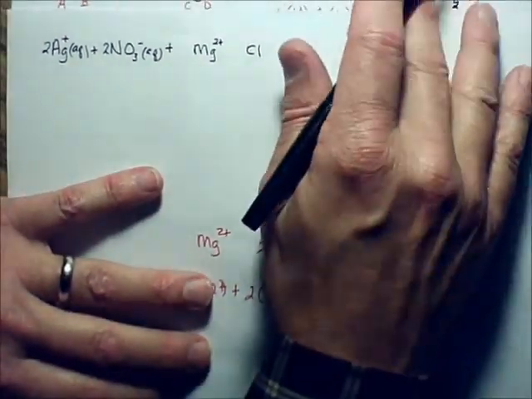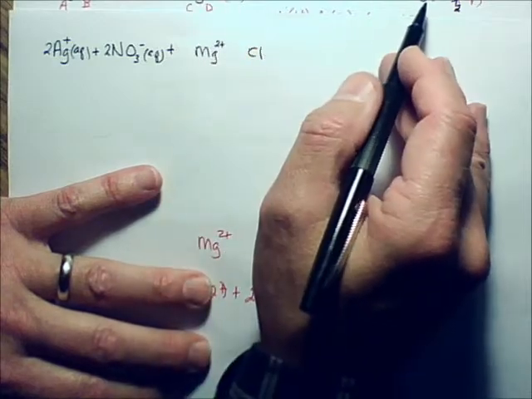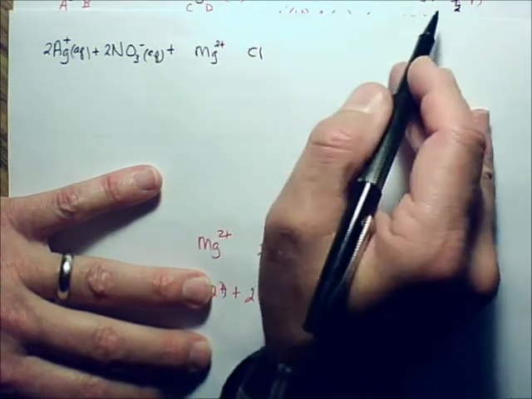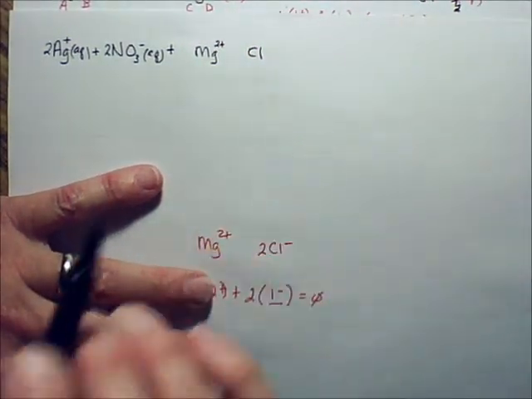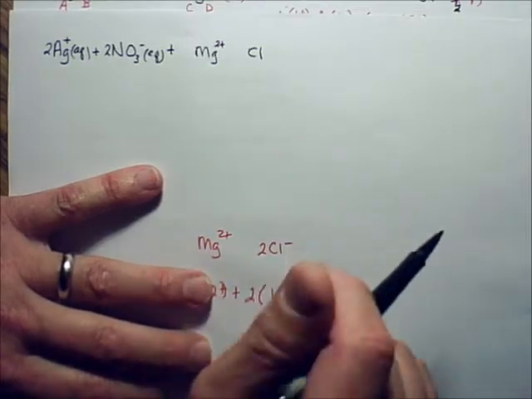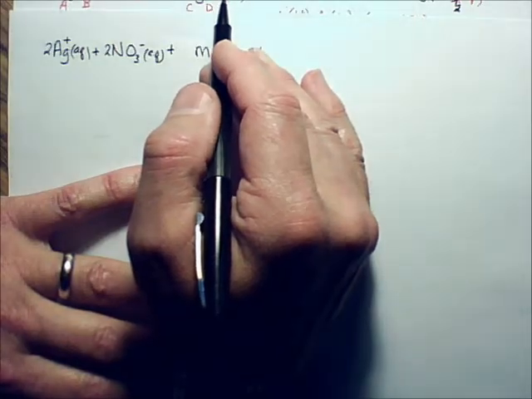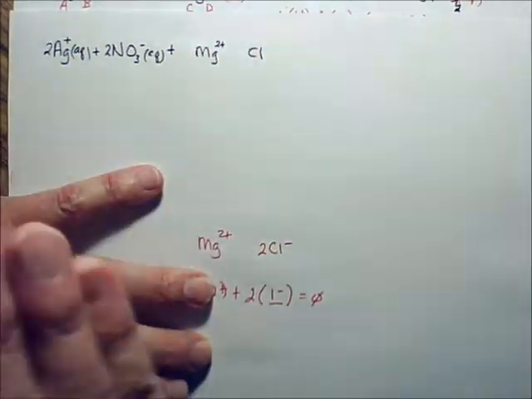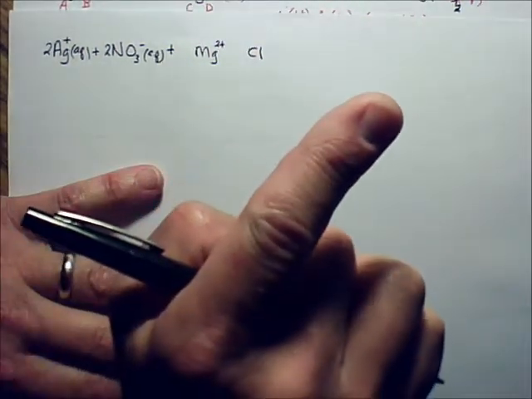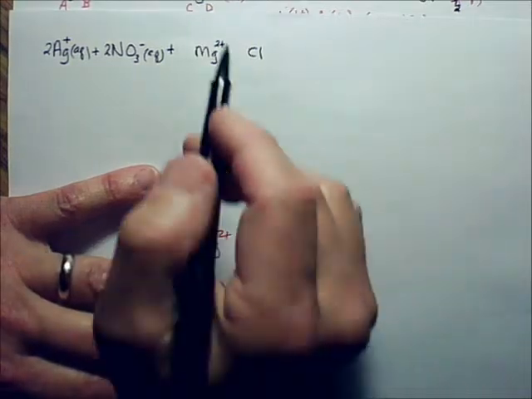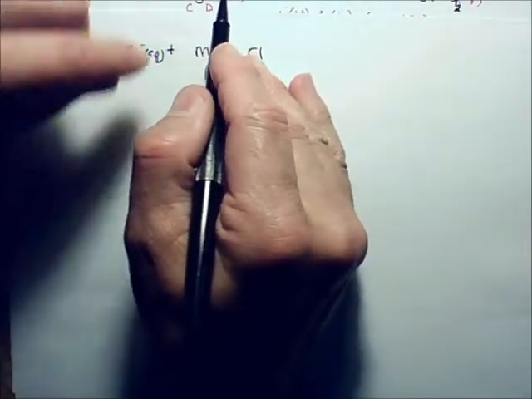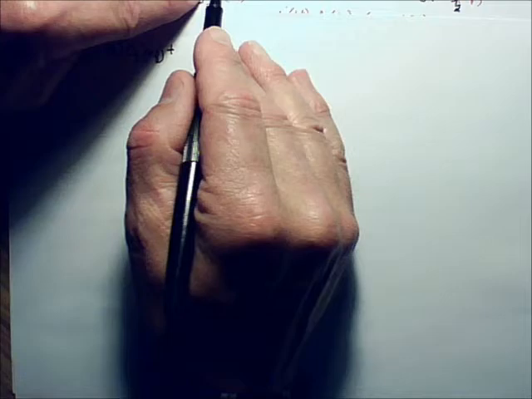When we were predicting the products of equations and then balancing those formulas, I said over and over again, as emphatically as I knew how, that subscripts don't travel unless they're part of what? Polyatomic ion. This is not a polyatomic ion. It's a single type of atom.